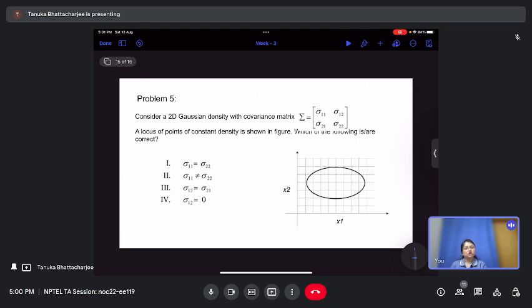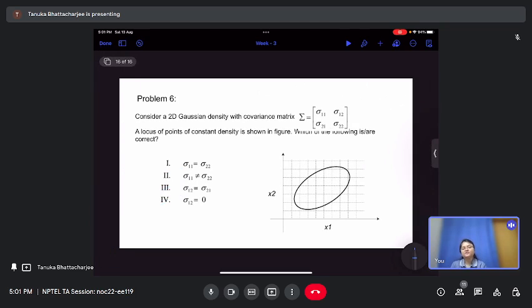So the two features are statistically independent and sigma 1 2 is again 0. Sigma 1 2 equal to sigma 2 1 is always correct, because it is a symmetric matrix. Since this is an ellipsoid, the variance of x1 is higher than the variance of x2, so sigma 1 1 is not equal to sigma 2 2. This is the correct answer.